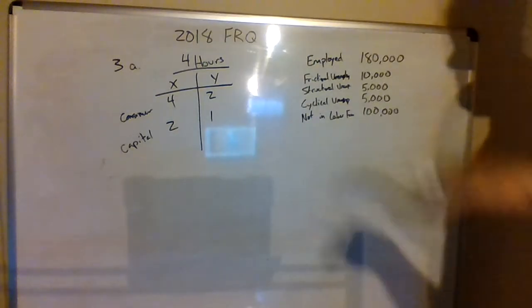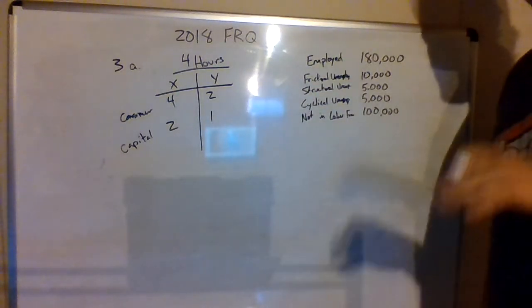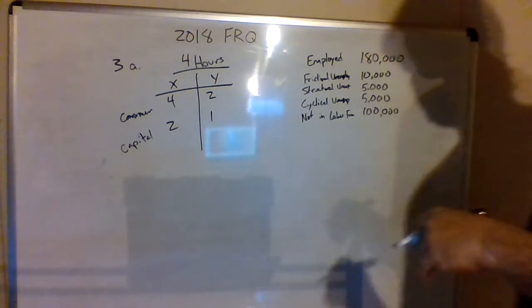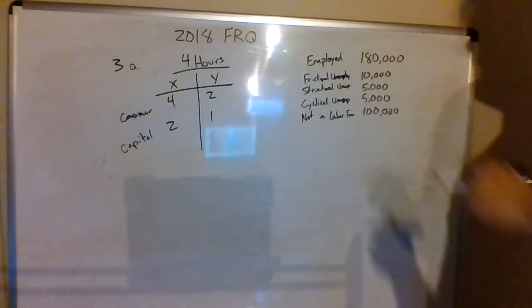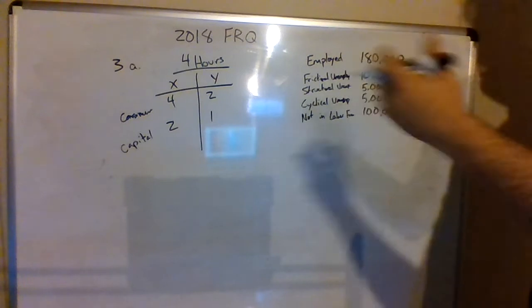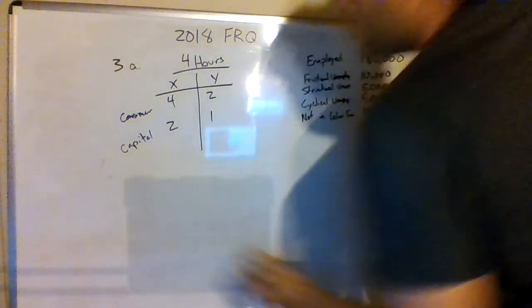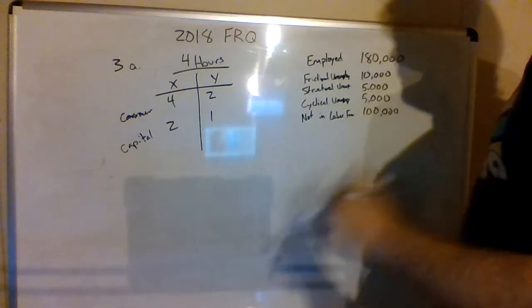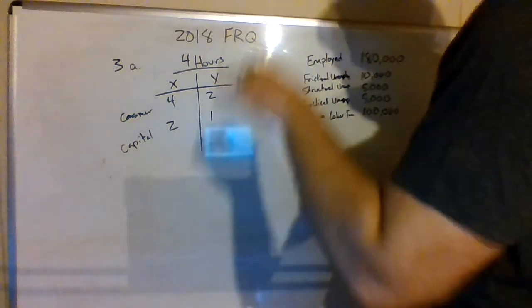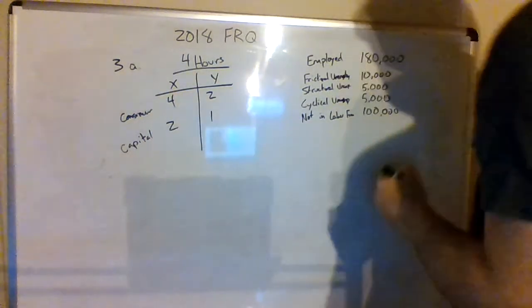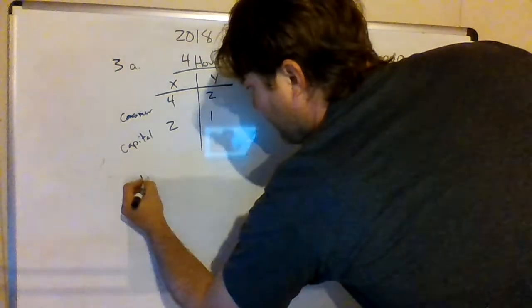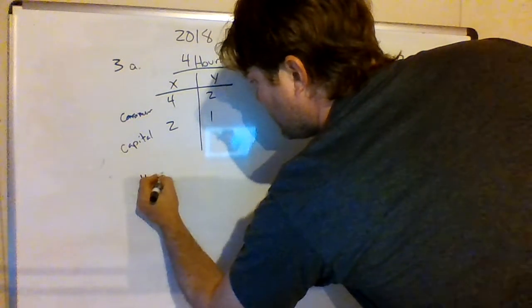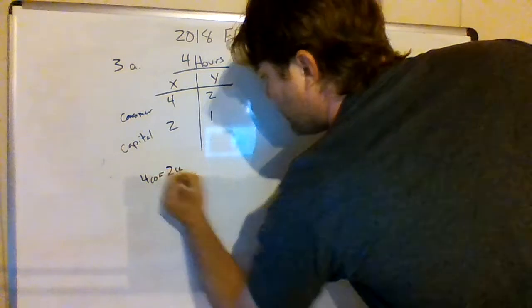Now I have some math that I don't need to make my brain hurt to figure out. And it asks you which country has the comparative advantage. Well, comparative advantage for producing consumer goods. So we've got to solve for consumer. For the X side of things, we've got 4 consumer equals 2 capital.